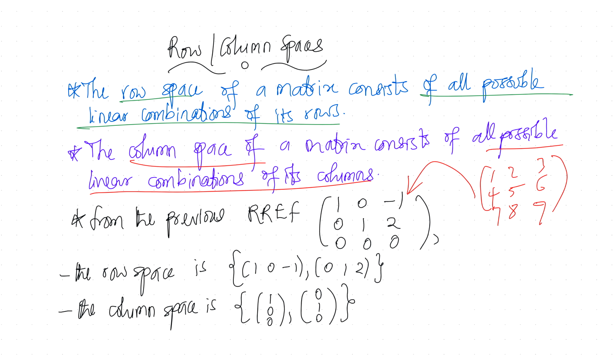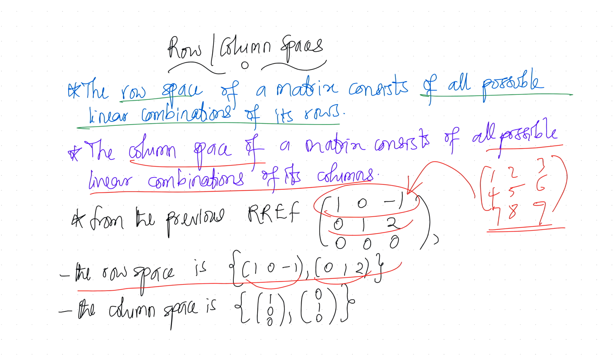So from that reduced row echelon form, we can say the row space is the combination of all the possible rows. So these are the possible rows: 1, 0, minus 1. That's why you have this. Then 0, 1, 2. That's why you have this. So that is the row space of that matrix.